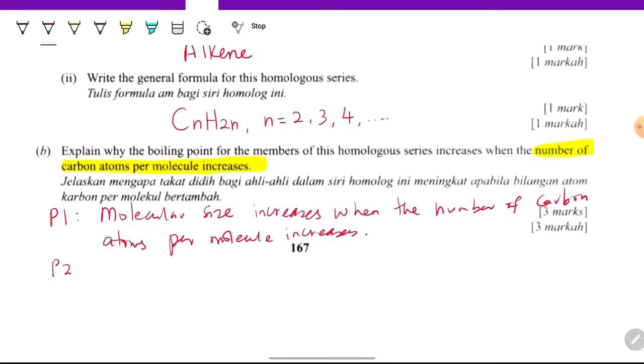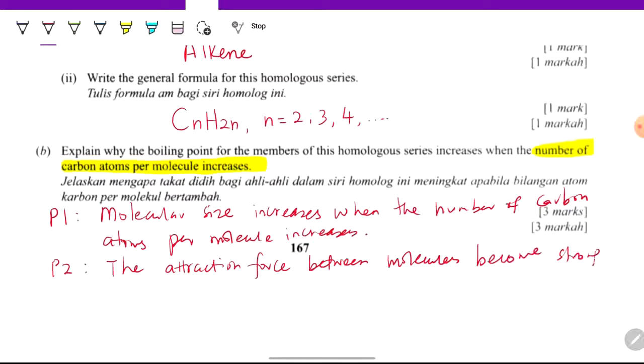So point number 2, you can mention the attraction force between molecules becomes stronger. Okay, so actually you can mention this attraction force is a van der Waals force or the intermolecular force.